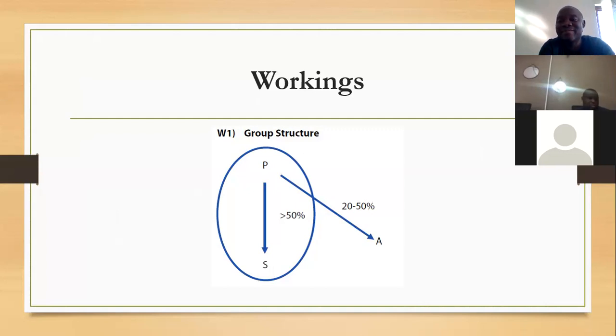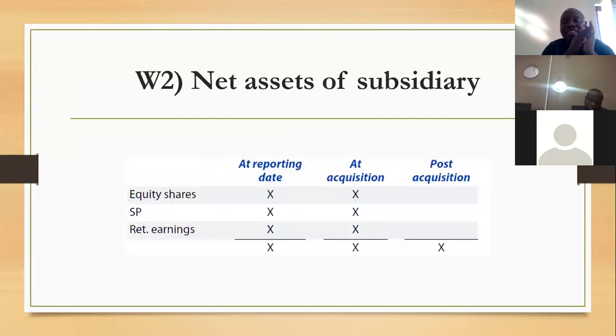It's net assets because you're looking at the total assets less the liabilities. It gives you equity. So this is the second computation, and you have to write it out: the net assets of subsidiary.